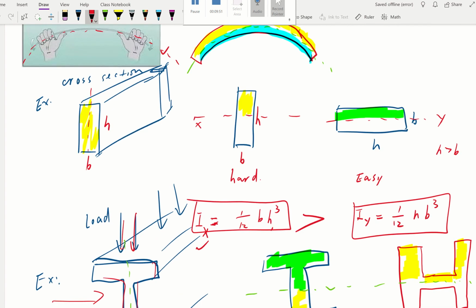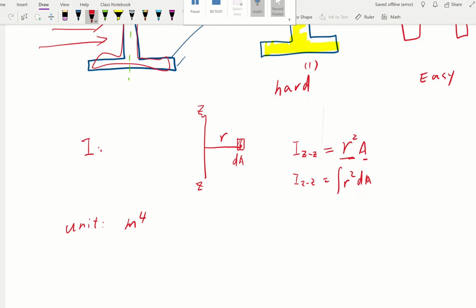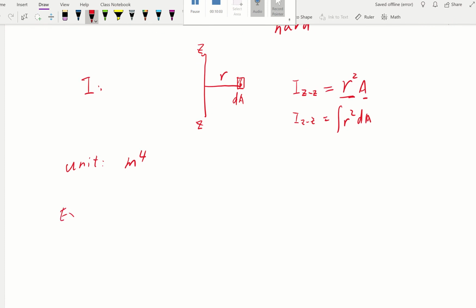So we're talking about the common shape, if it's for a rectangle, here is our formula. And it's different depending on what you bend about, right? And now let's look at a circle, another example. If you have a circle, you can bend around this axis. And then let's see, if I flip around, if this is going to be your x-axis, this is going to be your y-axis. What do you think about Ix and Iy?